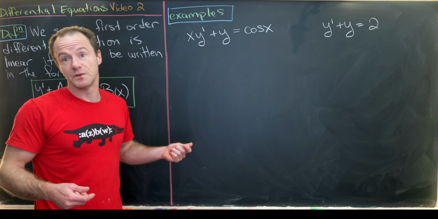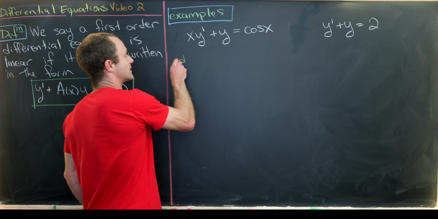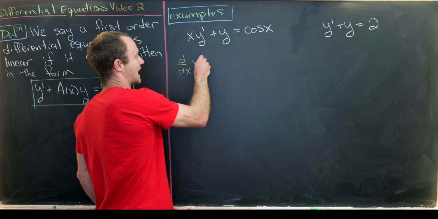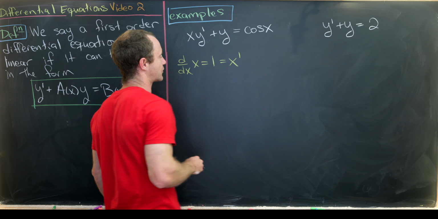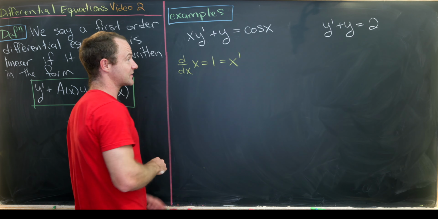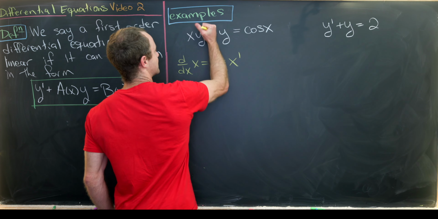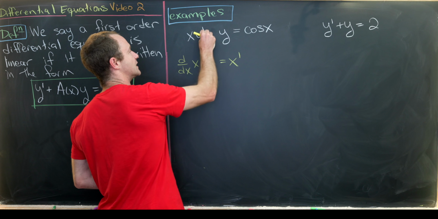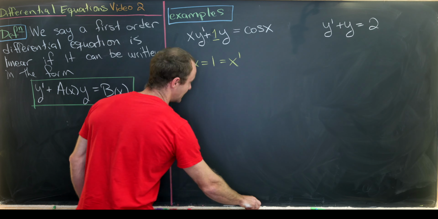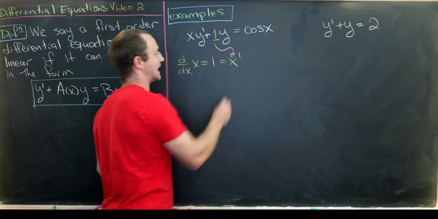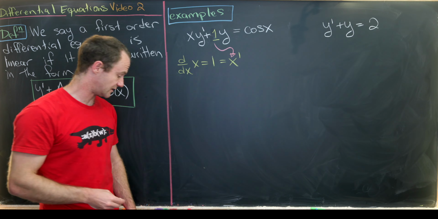Maybe the best thing to notice immediately is that if we take the derivative with respect to x of x, we get 1. If we write that as x prime, then we see that there's actually an x prime snuck in right here. If we take this plus and move it over, we could just slide the number 1 in there and envision 1 as x prime, the derivative of x with respect to itself.